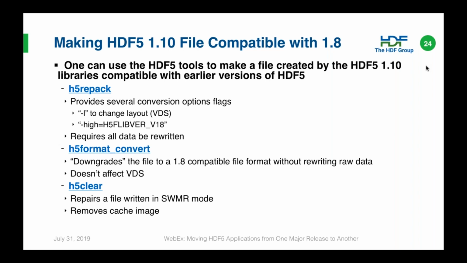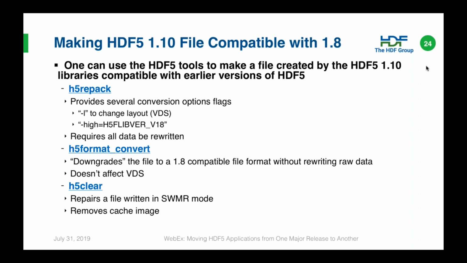Or you can say, rewrite the file and use the high bound, which will be libver 1.8, meaning that we're rewriting the file, and the highest object that can be there should be accessible by version 1.8, or everything that can be accessed earlier.